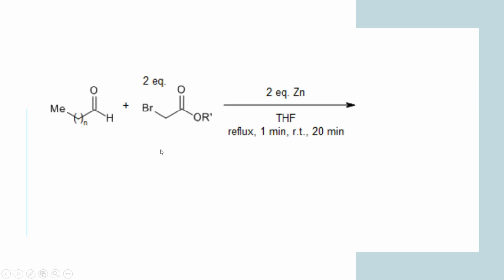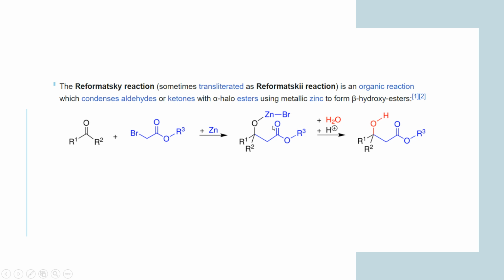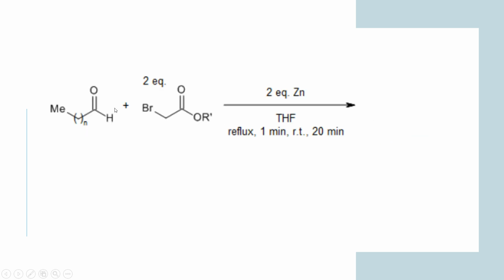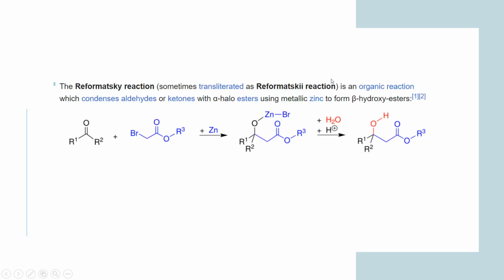Like the definition of the Reformatsky reaction, here also we have aldehyde with alpha bromoesters in presence of metallic zinc.